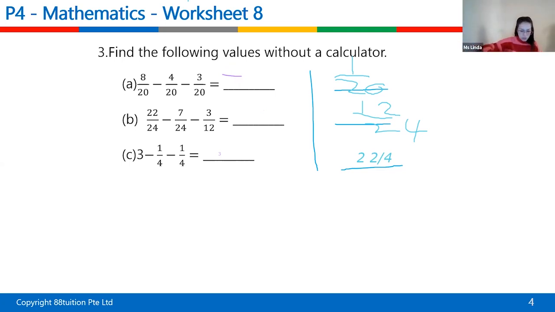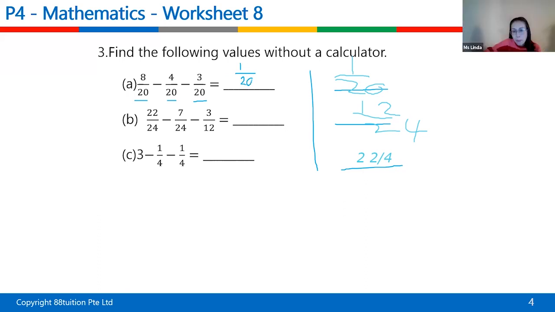So let's look at your first one. Please be careful. Sometimes you might not notice your denominators are not the same. So your first one, all your denominators are the same. What you need to do, 8 minus 4 minus 3 will give you 1/20. Accidentally erased?